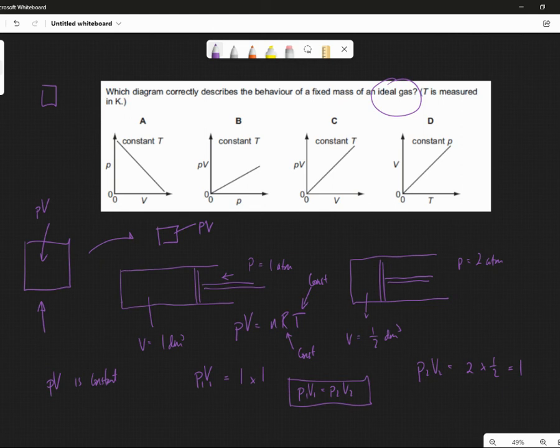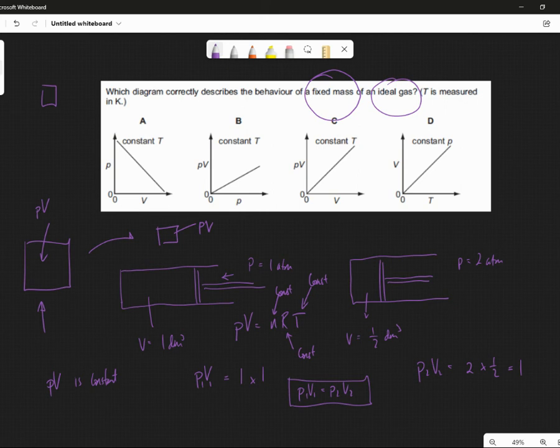Would you agree with that? But in this case, it says a fixed mass of gas, so I'm keeping n constant as well. So PV is a constant for an ideal gas. Does that make sense?